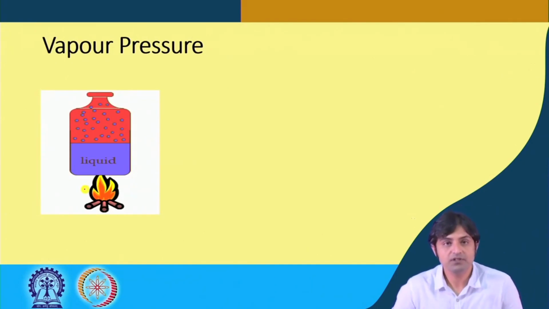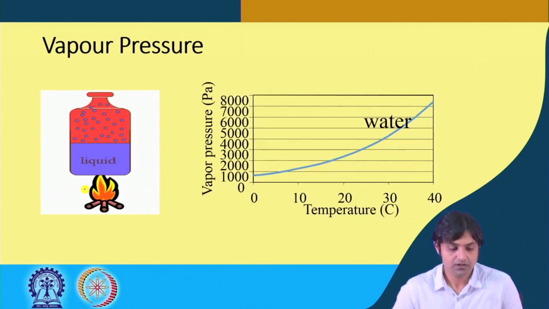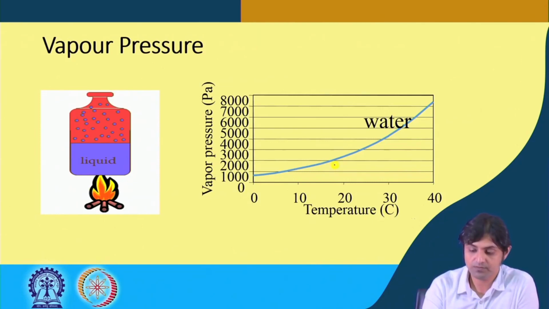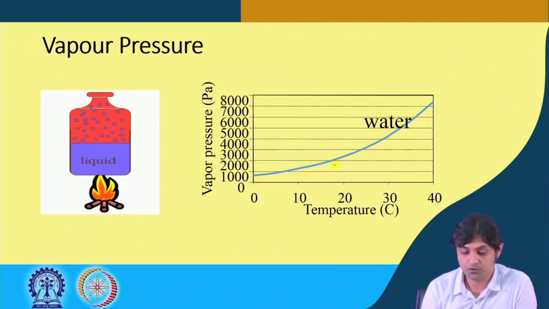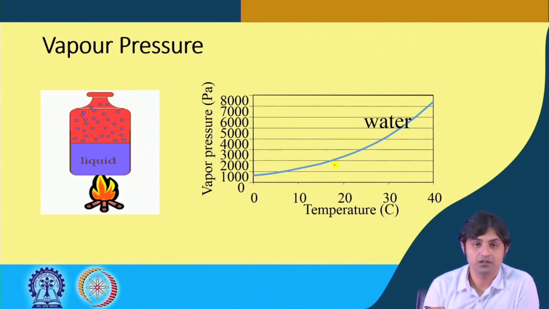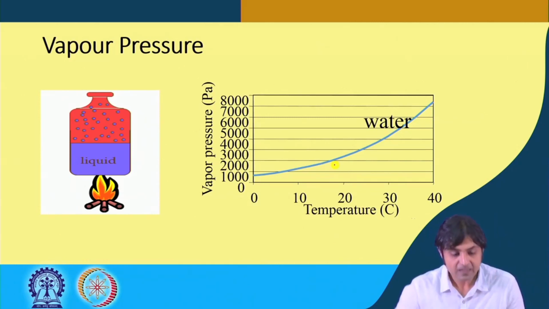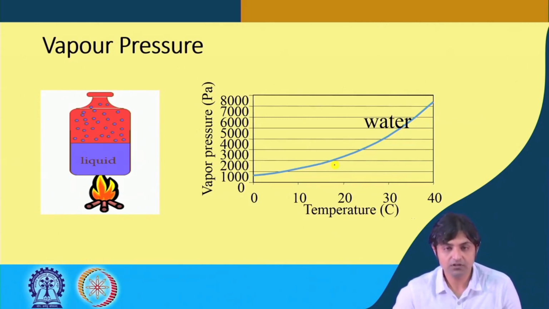Another concept is vapor pressure. This is the variation of vapor pressure along with the temperature. As you see, as you keep on heating, the vapor pressure increases to a great extent. At 40 degrees, it is over 7000 Pascal. You would have observed that on heating the water, the molecules are easily able to escape.